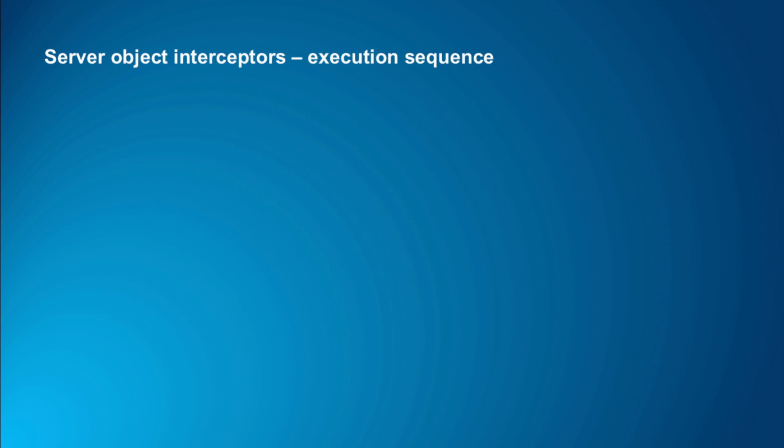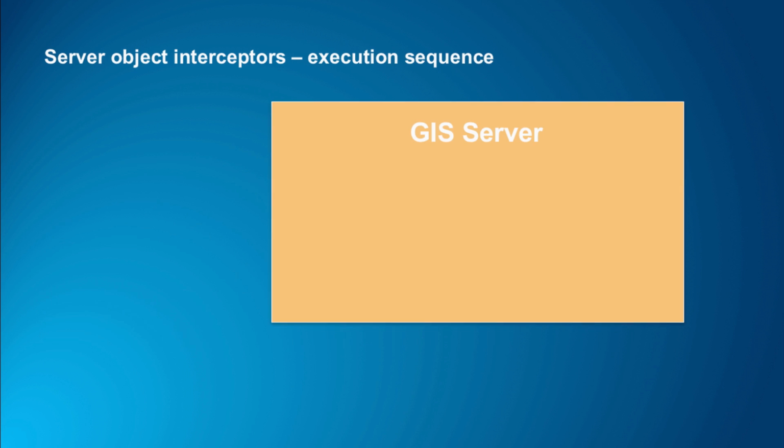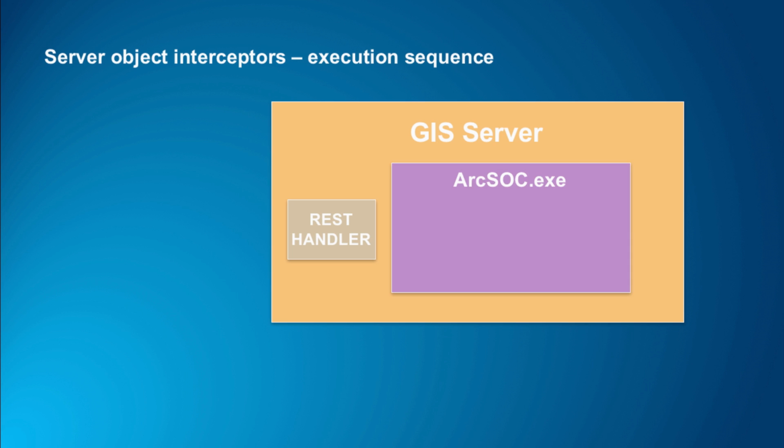So this is how it works. I have a GIS server, and all GIS servers have a REST endpoint or a REST handler, which is a web application that receives all your HTTP RESTful requests. Your map and image services are usually deployed in a container process called the ArcSOC, or Arc Server Object Container.